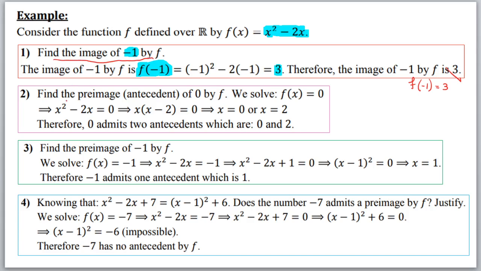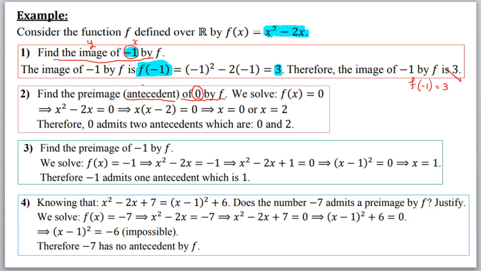Okay, now find the pre-image or the antecedent of 0 for example by f. The antecedent of 0 means that y is 0, and I need to find the antecedent, the x. When he says find the image of minus 1, the image is the y and this is the x. Here it's the opposite: he says find the pre-image or the antecedent of 0.